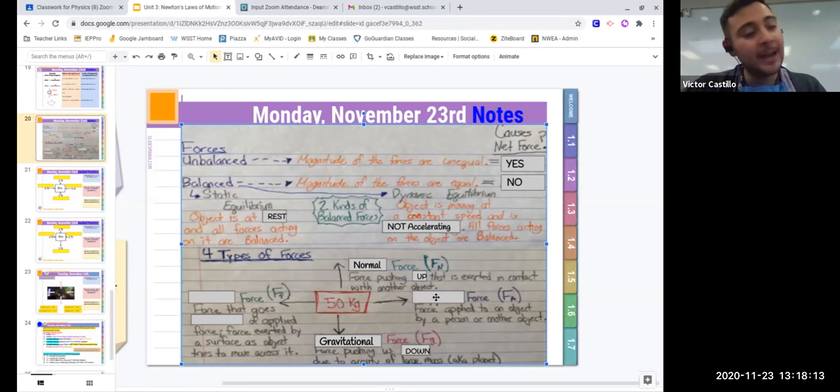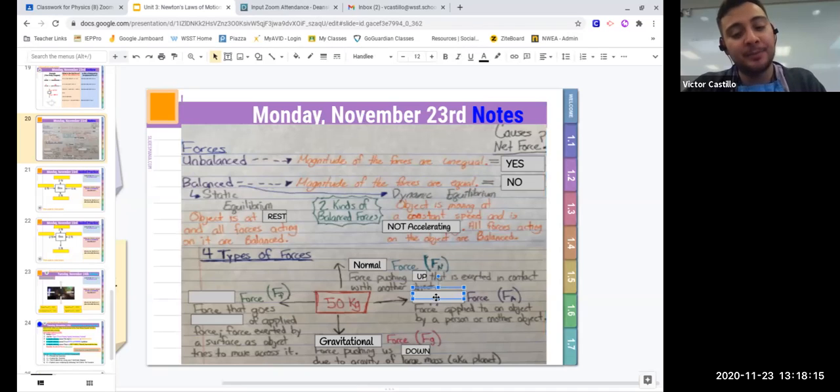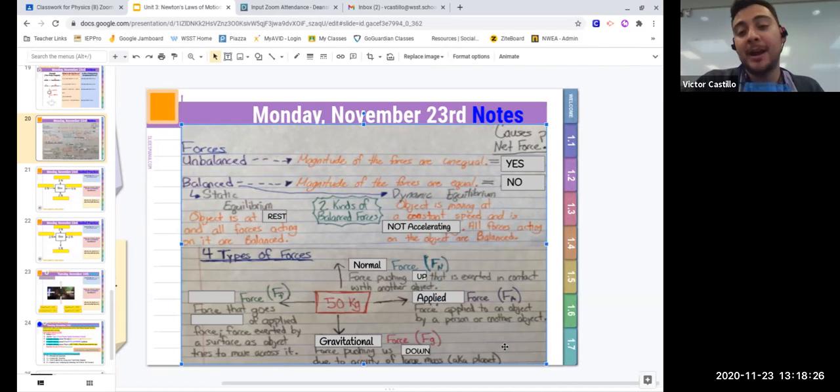Okay. Now on the right, we have another force, the applied force. The applied force is a force applied to an object by a person or another object. Whichever direction you apply that force, that's the direction it's going.